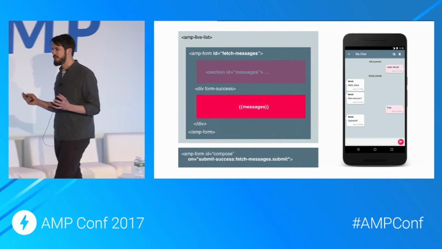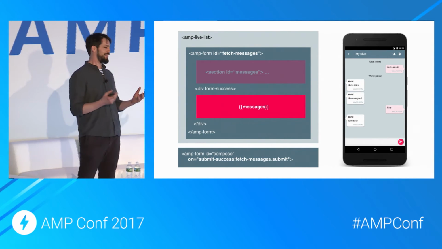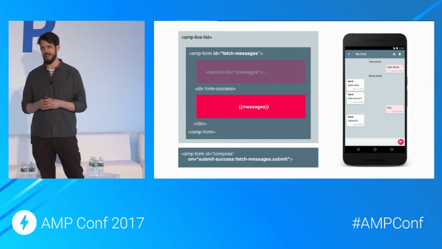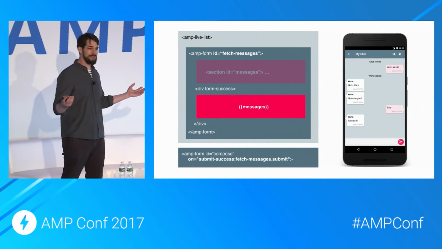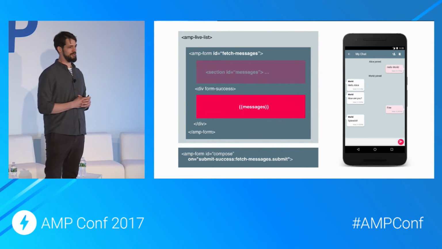And this does nothing except pulling in the new messages. I call it the cascading AMP form submit pattern. You probably shouldn't use it, but it works. And now we have a fully functioning messaging stream in AMP.